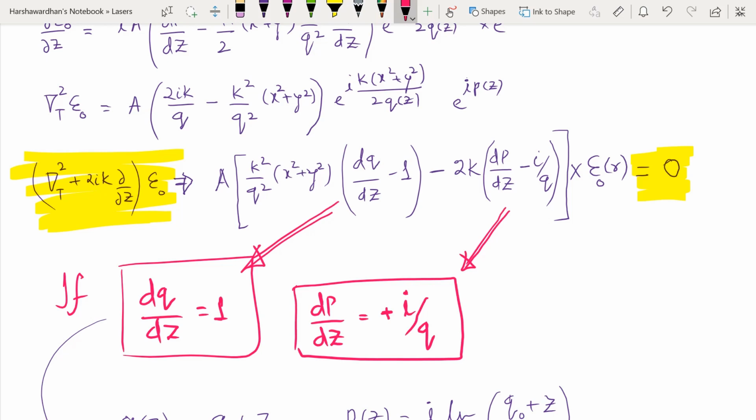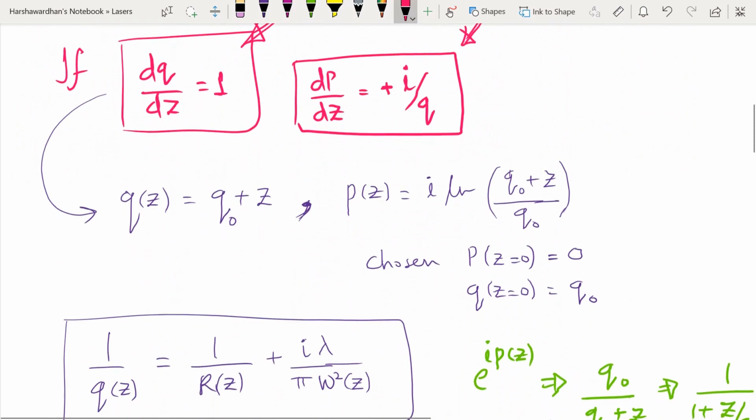So just ensuring that these two conditions are satisfied, I will see that the whole coefficient for my E naught of r, independent of z, or for that matter x and y, is always going to be equal to 0, because I've chosen these two terms to be solutions of this constraint. So these form the constraint that ensures that my paraxial wave equation is satisfied.